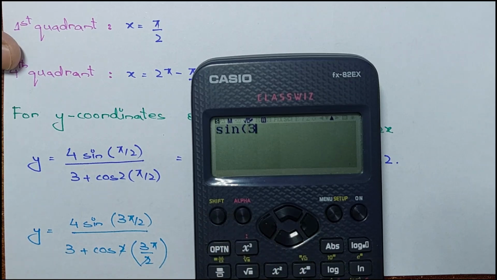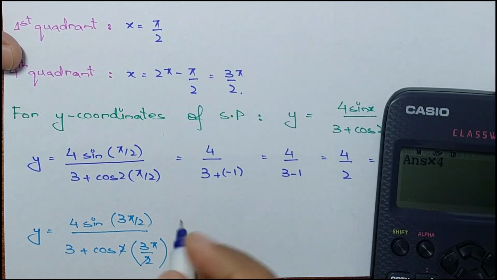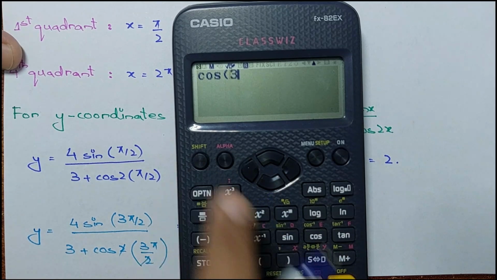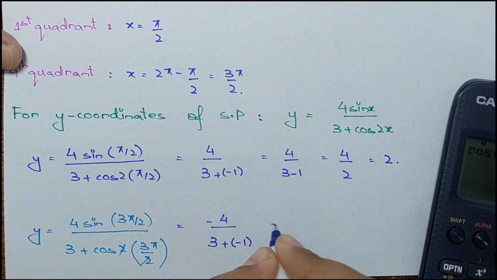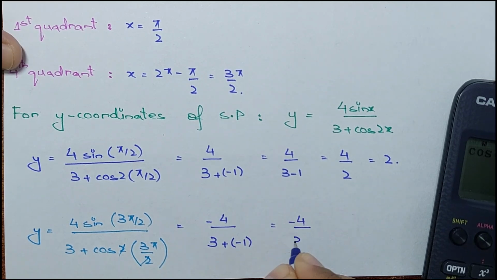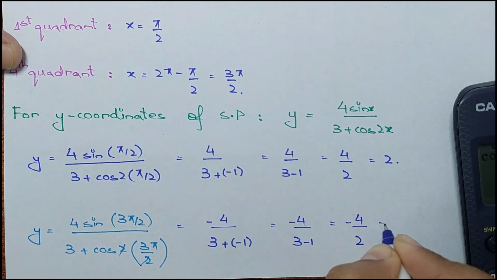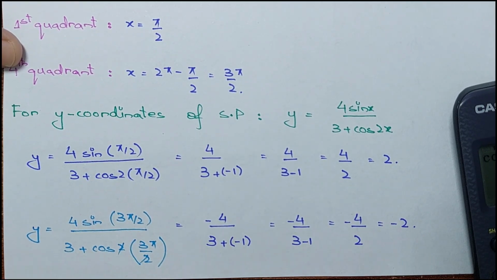Sine 3 pi by 2 multiplied by 4 is negative 4 for the numerator. 3 plus cos 3 pi, which is negative 1. Negative 4 over 3 minus 1, negative 4 over 2, which is minus 2, right? So 3 pi by 2 and minus 2.